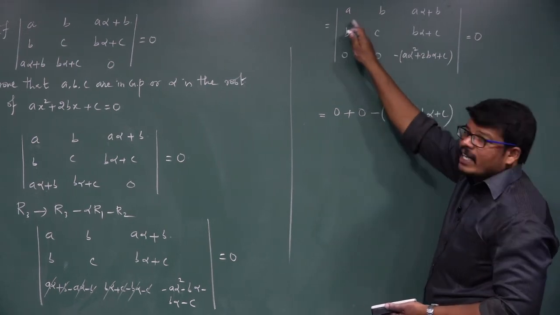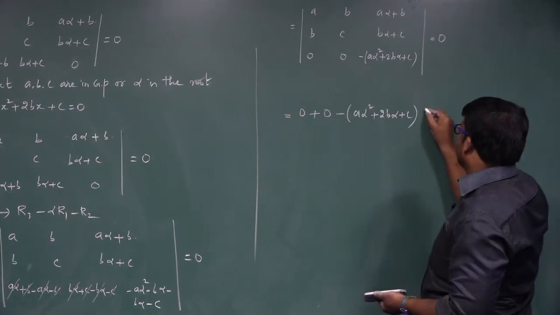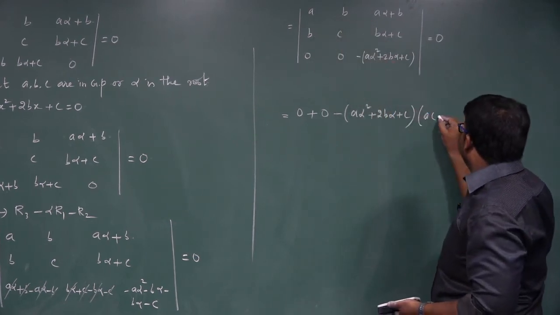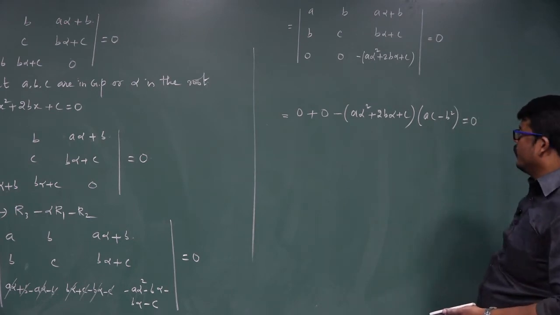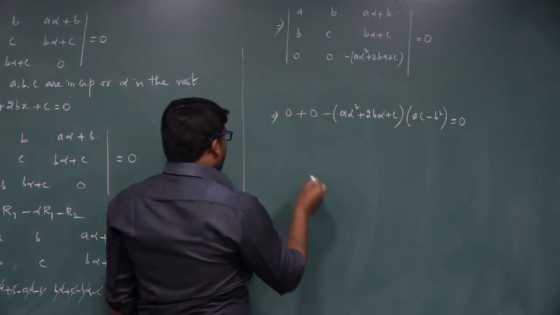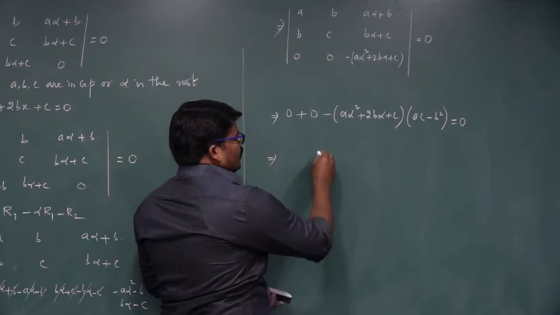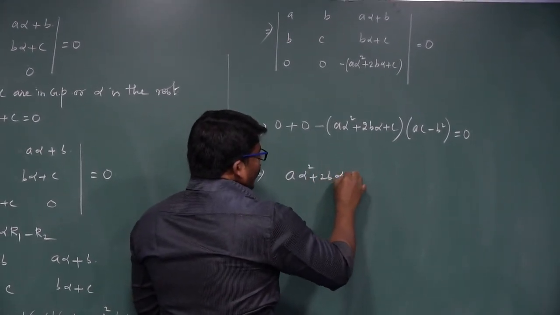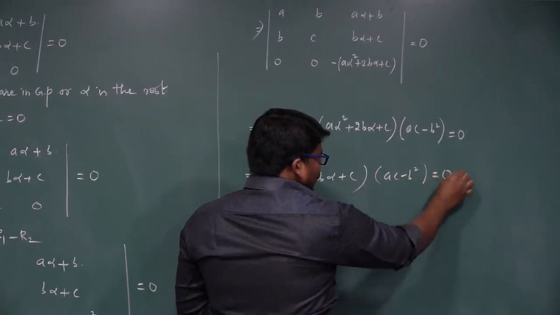Find the value of the minor matrix A, B, B, C. Now multiply the diagonal AC, formula is minus B into B, B square. This implies minus of A alpha square plus 2B alpha plus C, into AC minus B square equal to 0.